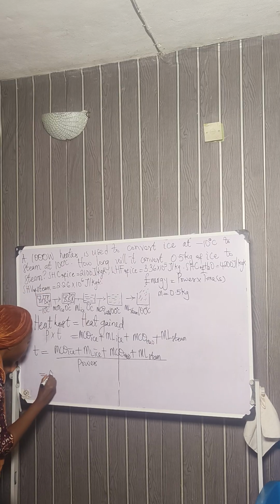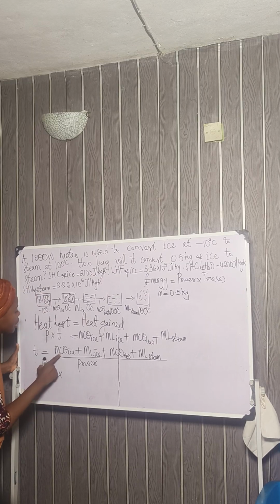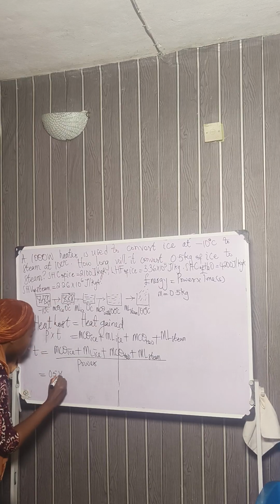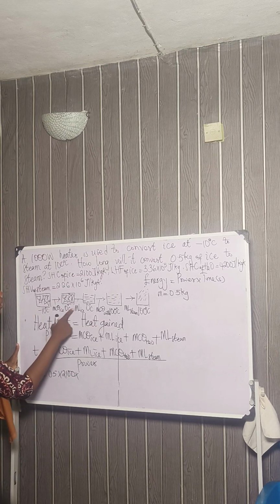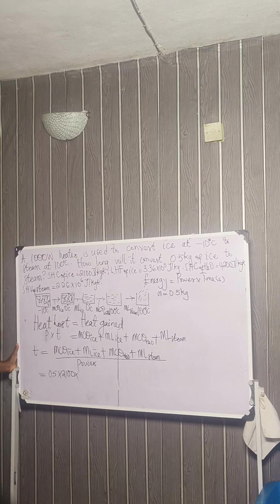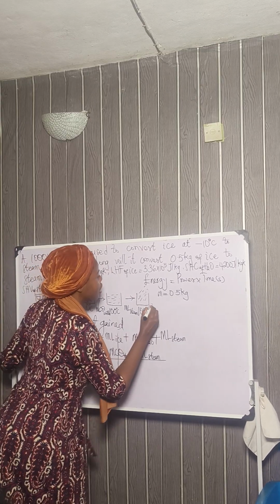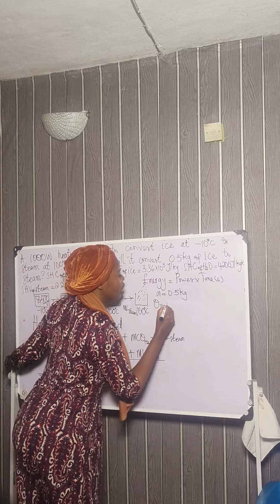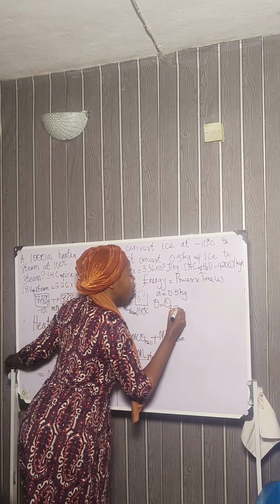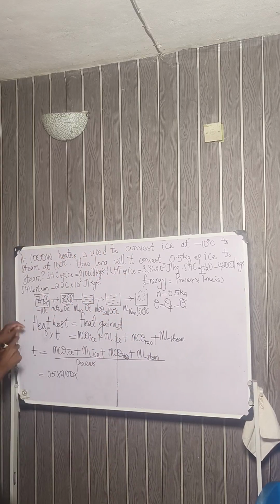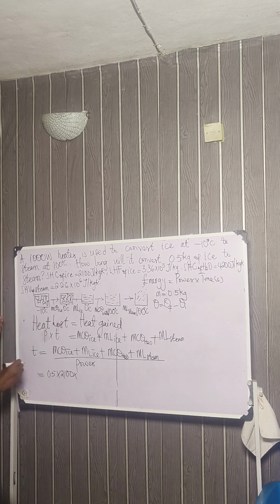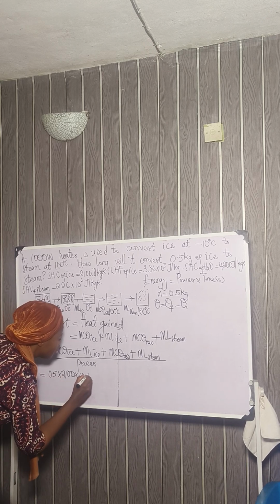You see that 0.5 times C, specific heat, which is 2100, times the change in temperature for ice. This is final temperature minus initial temperature. You can see in this case, this is your final and this is the initial: 0 degrees Celsius minus minus 10 degrees Celsius to give you 10 degrees Celsius.